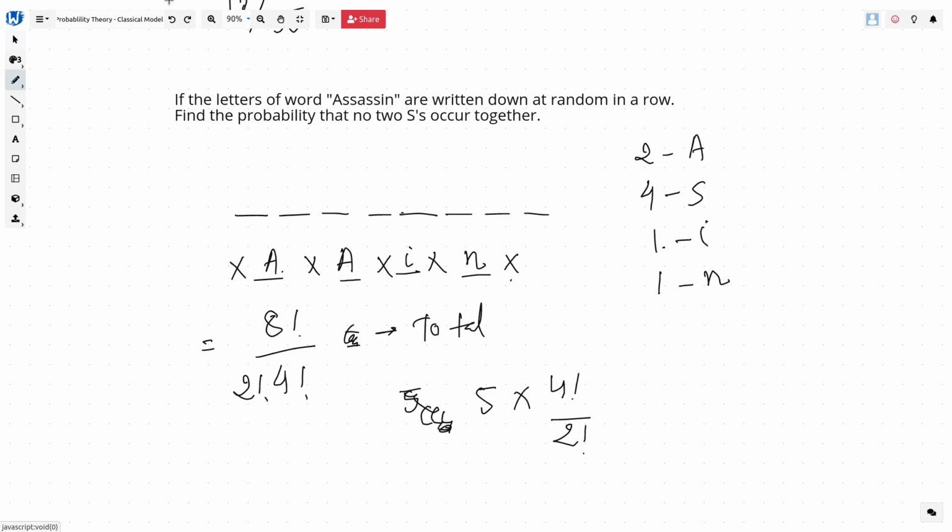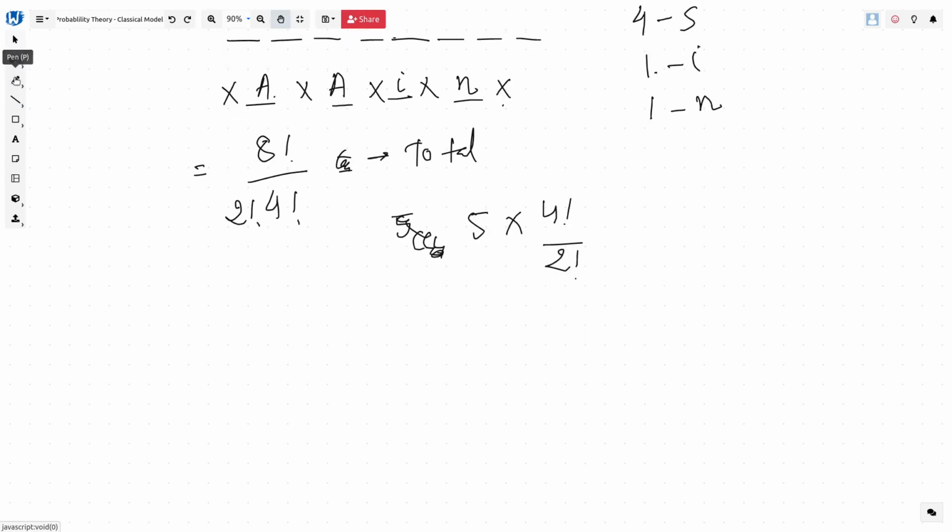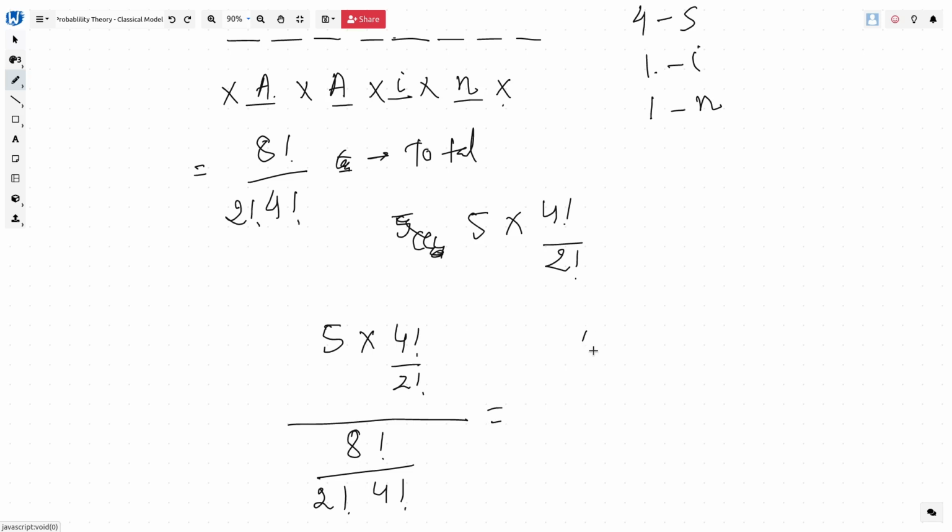So now we compute the final probability. We find that the final probability is nothing but 5 into 4 divided by factorial 2, and this whole divided by factorial 8 divided by factorial 2 into factorial 4, right? So that is nothing but 5 into 24 divided by 2, which is 60, divided by factorial 8.